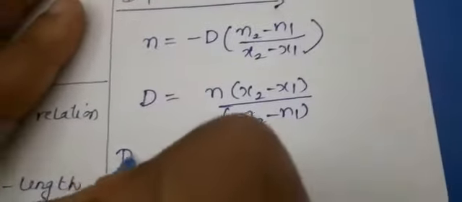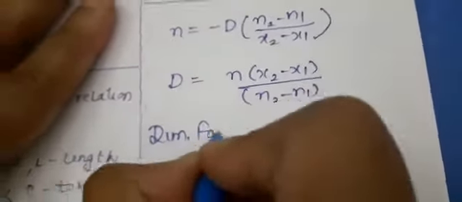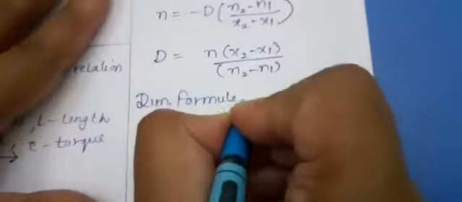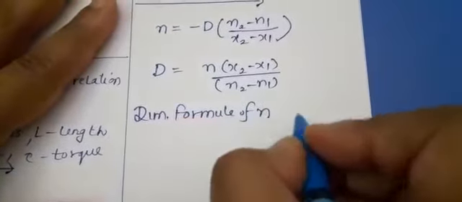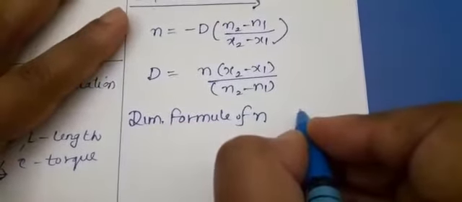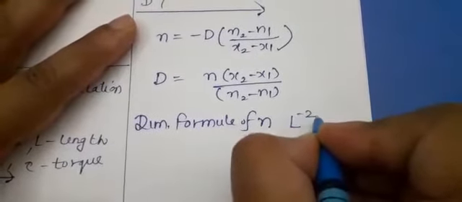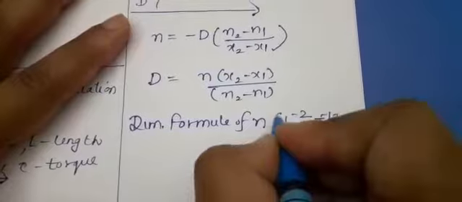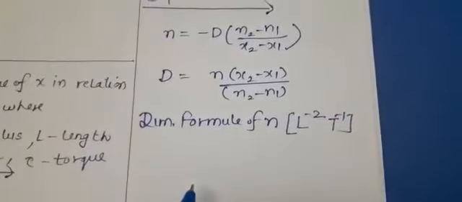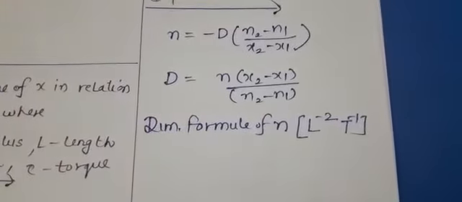Now dimension formula of n. See, crossing a unit area in unit time means particles are crossing per unit area per unit time.